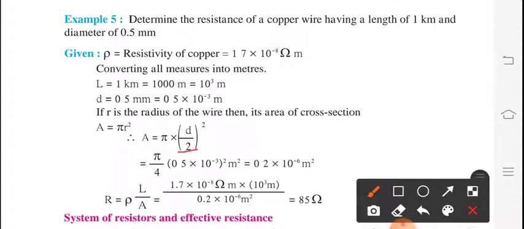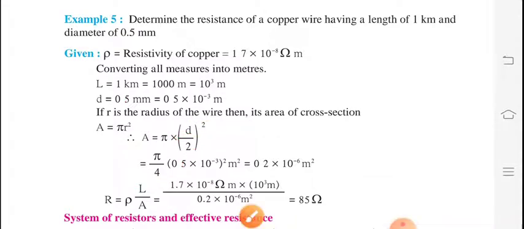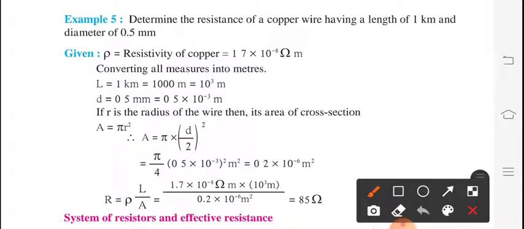Then this 4 we are taking in the denominator with pi, so pi upon 4, and D is 0.5 into 10 raised to minus 3. So we substitute 0.5 into 10 raised to minus 3, the whole square, because D square is there. If you square this, you will get the answer as 0.2 multiplied by 10 raised to the power of minus 6 meter square.